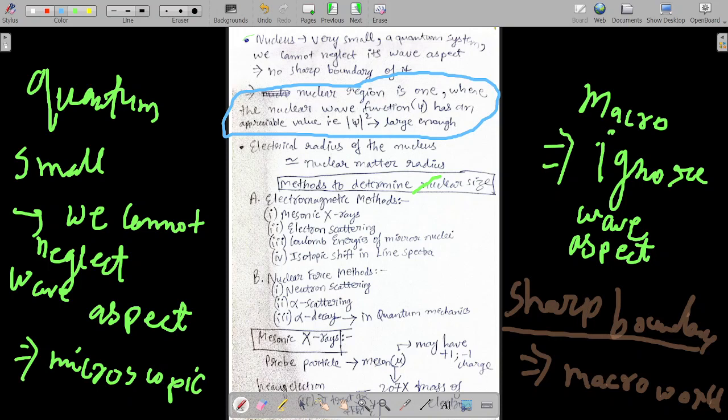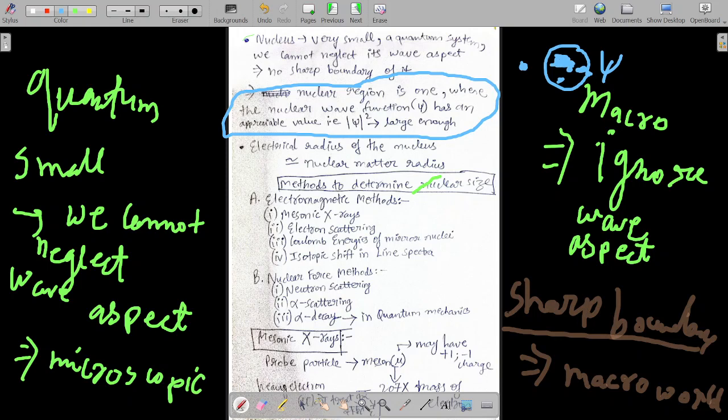Okay, so the nuclear region is the one where the nuclear wave function psi has an appreciable value. Suppose this is the nucleus. If we magnify the nucleus, suppose it looks so big after magnification. Suppose the nucleus has various regions. This is region 1, this is region 2, this is region number 3. Suppose the nuclear wave function psi has its maximum value here, that means the probability of finding protons and neutrons over here will be maximum.